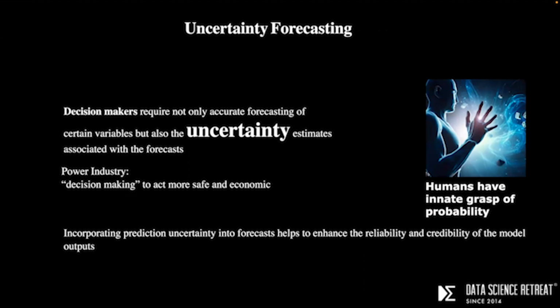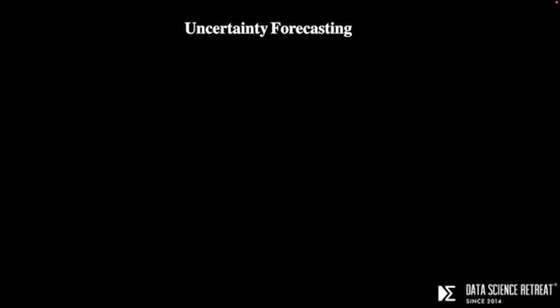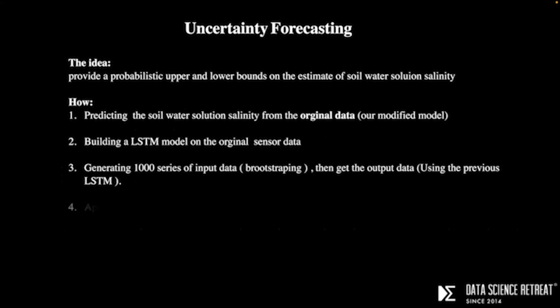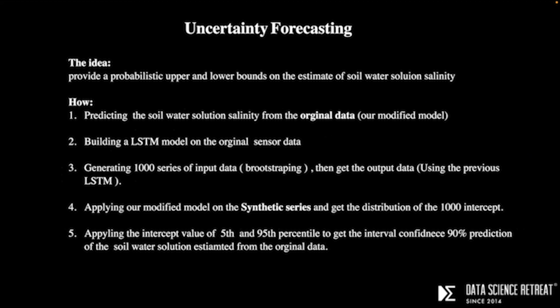So what we did now is enhance our model by adding another component to estimate the forecasting uncertainty. For that reason, we have to provide the probabilistic upper and lower bounds of our prediction. We do that in 5 steps. First, we predict the salinity from our data using the dynamic linear model and the Kalman filter algorithm, and then we estimate the upper and lower probabilistic bounds.